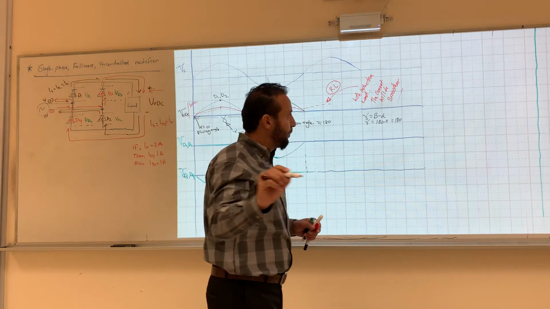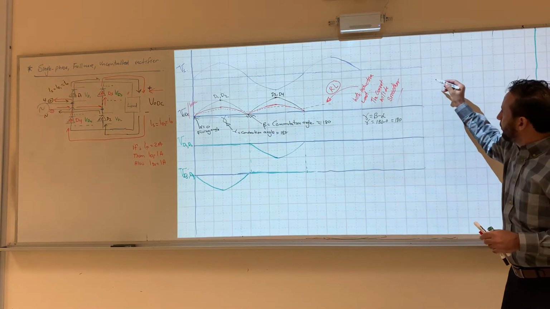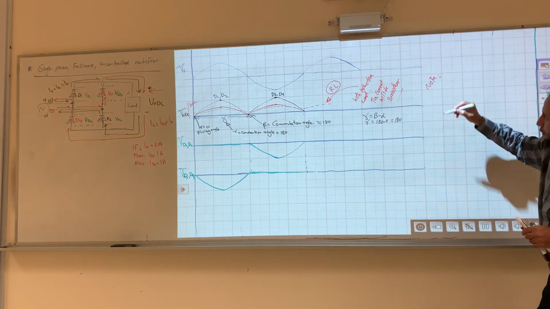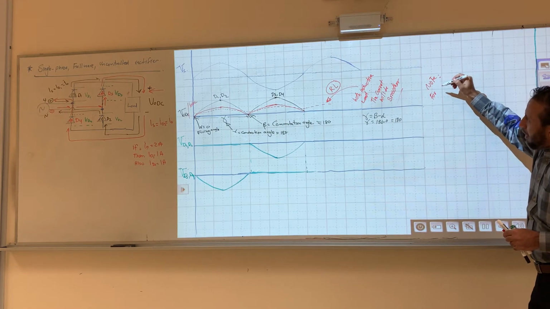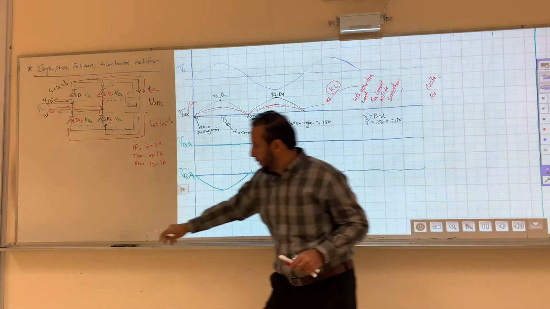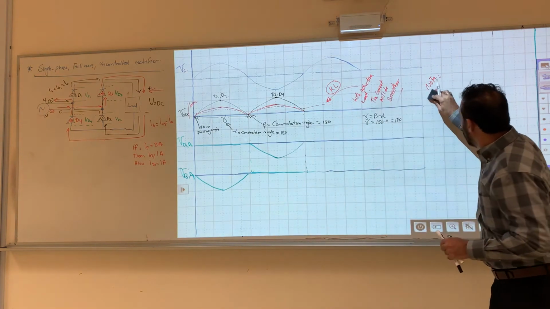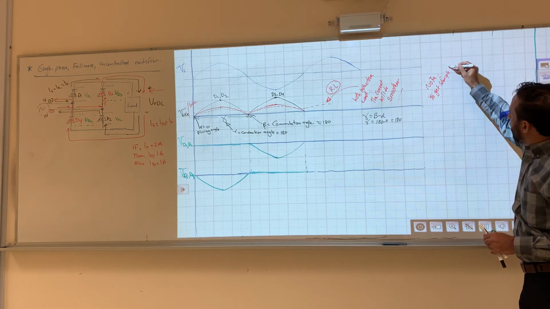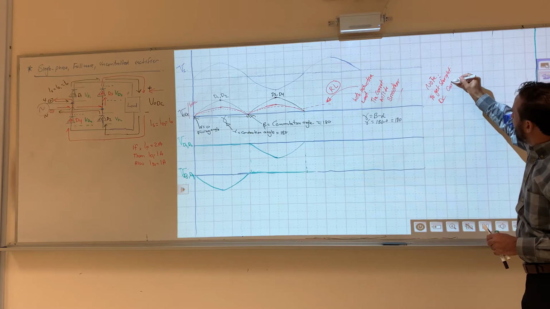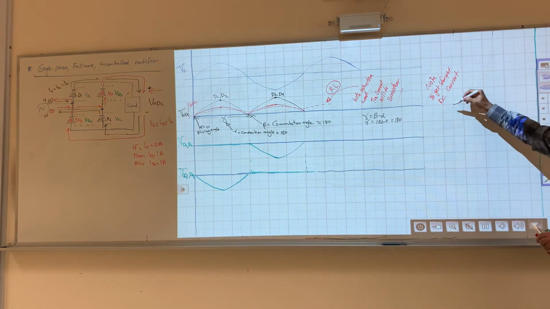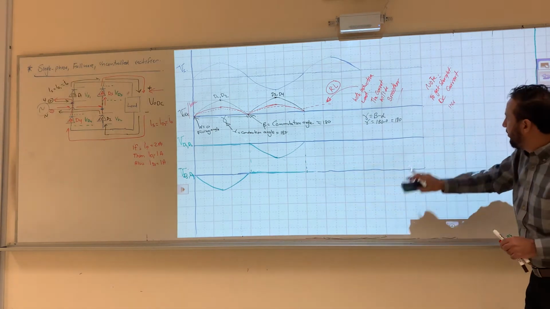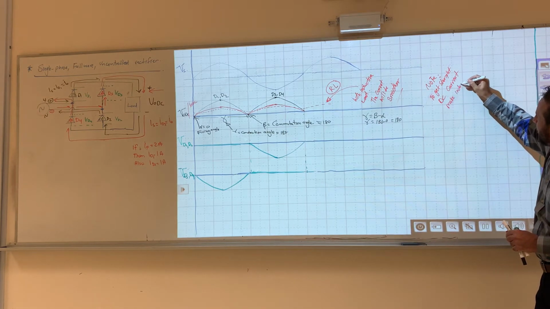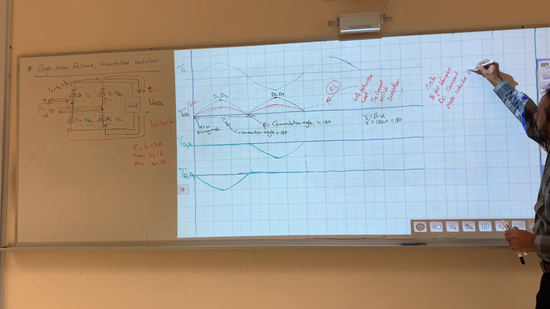And put this note, please. To get straight DC current, increase or make the inductor very huge, big, okay?